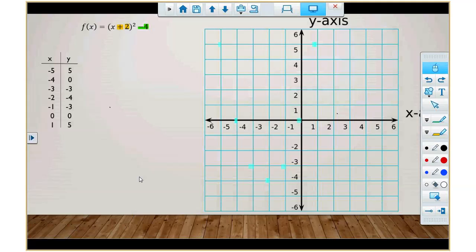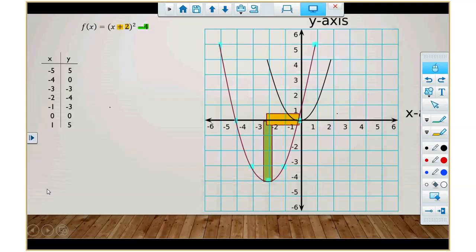I'm waiting for my dots to come up. Well, there we go. There's your parabola, and from the basic model, what's the horizontal shift? 2 to the left, and what's the vertical shift? 4 down.